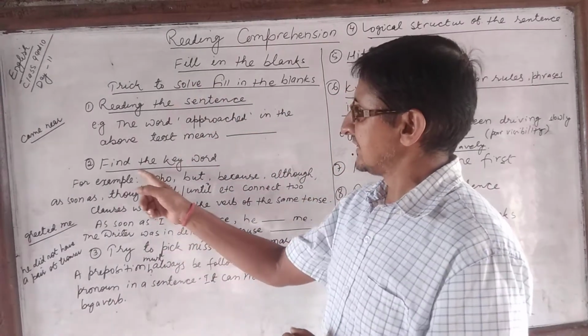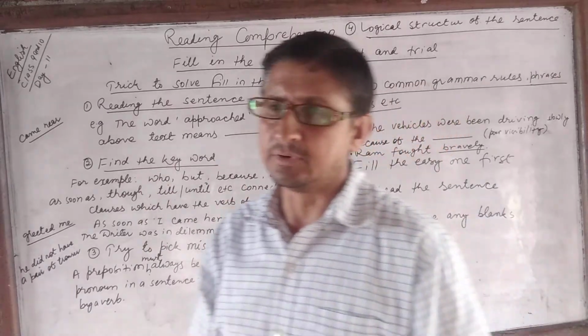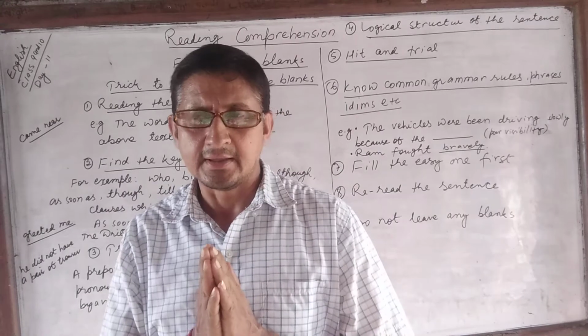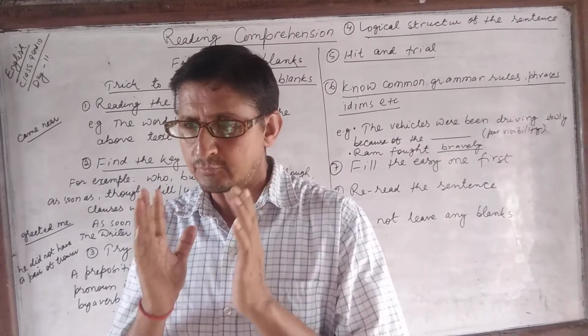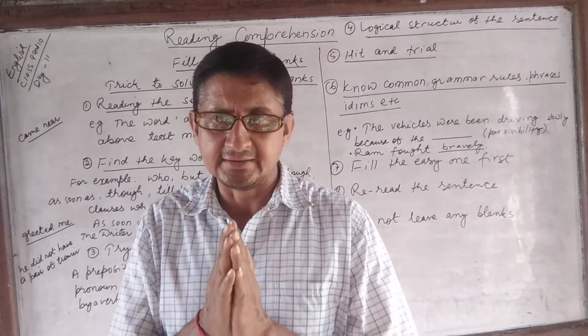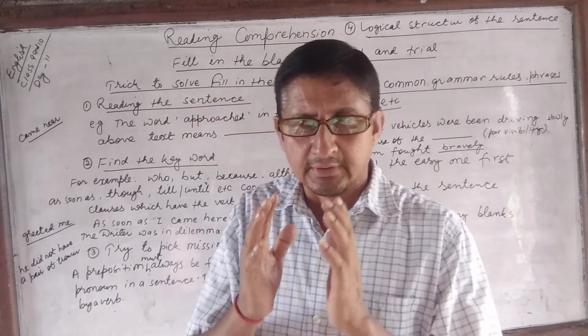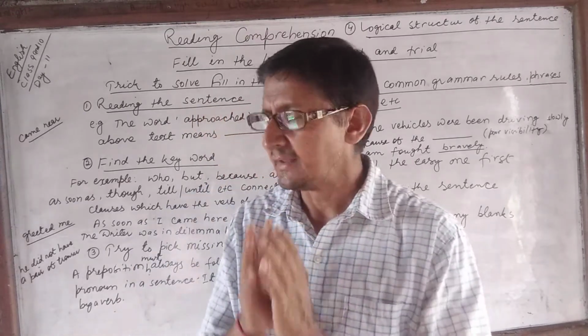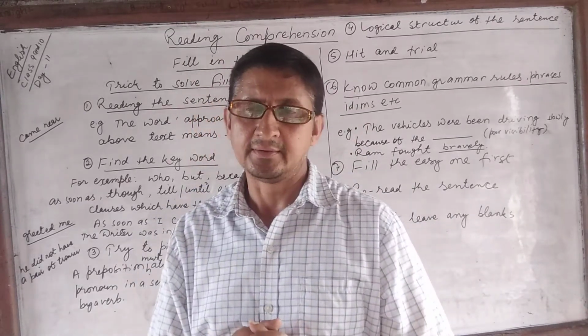The second trick is find the keywords. Find the keywords in the sentence, as these words are the main indicator of what exactly should come into the blank, which completes the sentence in a meaningful way.